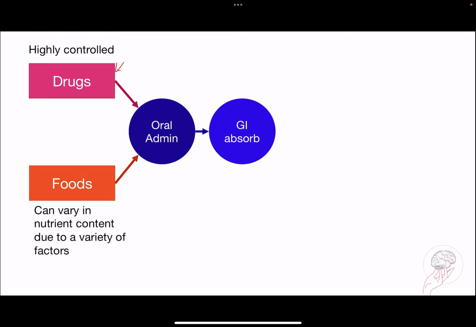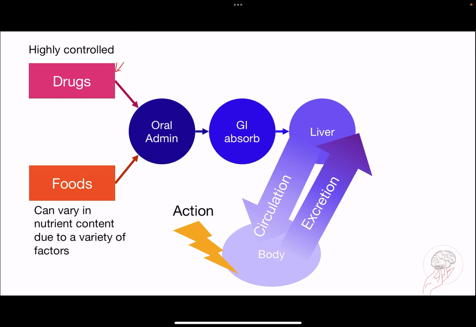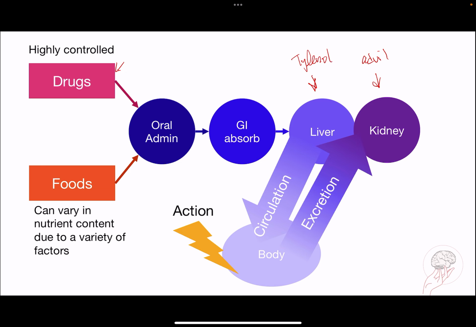But both of them have an oral administration and use the GI tract to be absorbed. They then go to the liver, and then to circulation, and then they do whatever action in the body. They go back to the liver for excretion, and some are excreted through the kidney. So actually, Advil is broken down in the kidney. Tylenol is broken down in the liver.